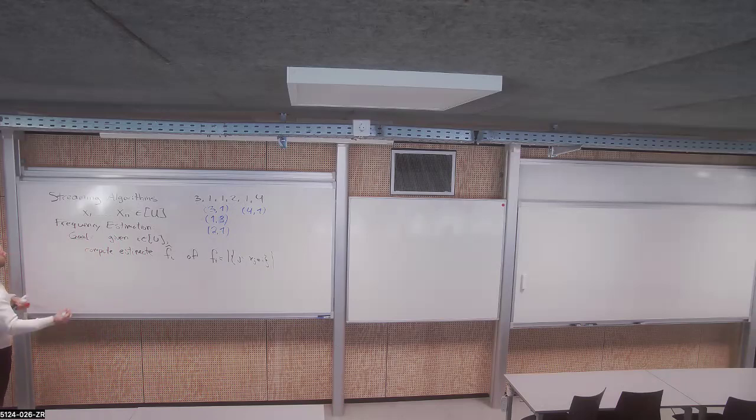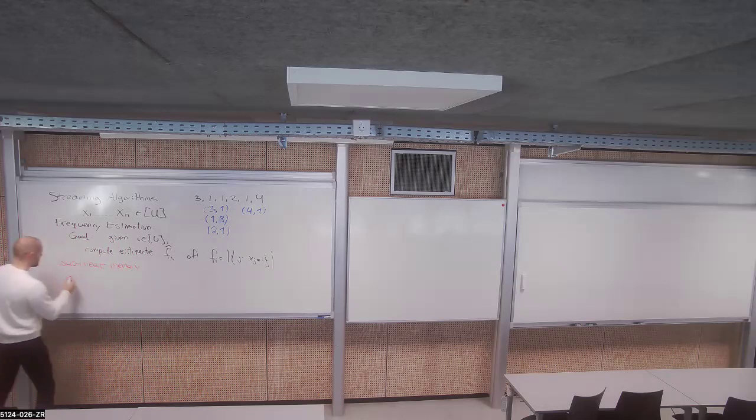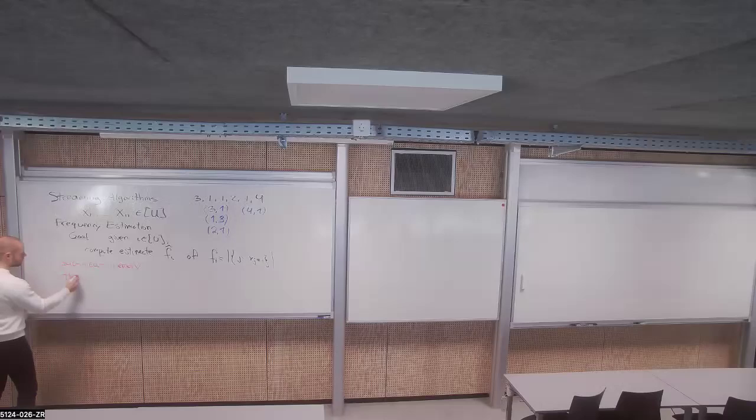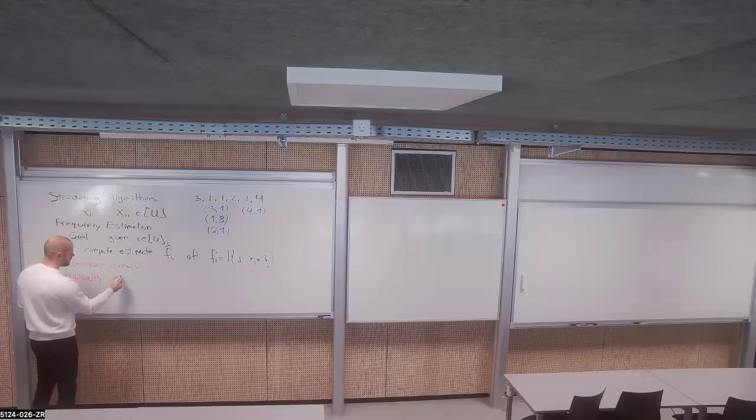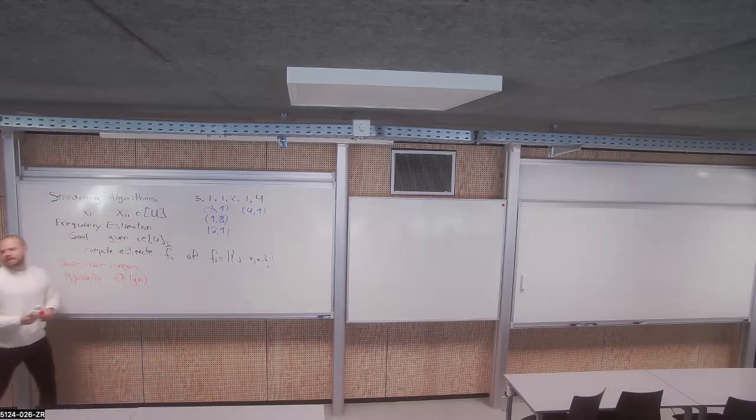So sublinear memory in particular, we often want to use much less than linear. Typically, our goal is to use something like, say, we have a length n stream, maybe we want to use something like log n memory, or maybe log n to a constant memory, something like this.